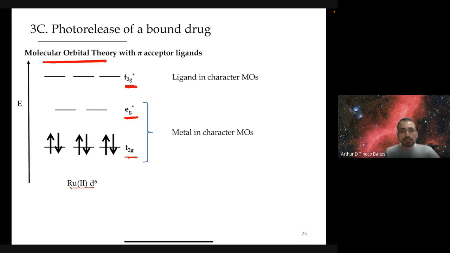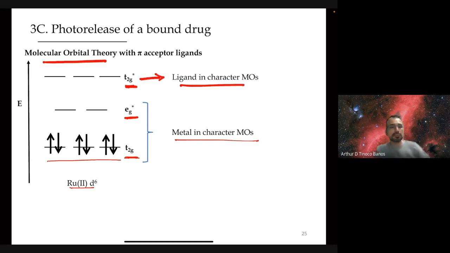There are additional molecular orbitals that are not depicted here. I'm just focusing on those molecular orbitals in which electrons from the metal can enter. So these would be the 6 electrons from the d orbital of the ruthenium-2, and they will be found in the t2g. So this would be your low spin representation of the d6. These orbitals are metal in character, and then this antibonding orbital is ligand in character, right? So that's going to be important.